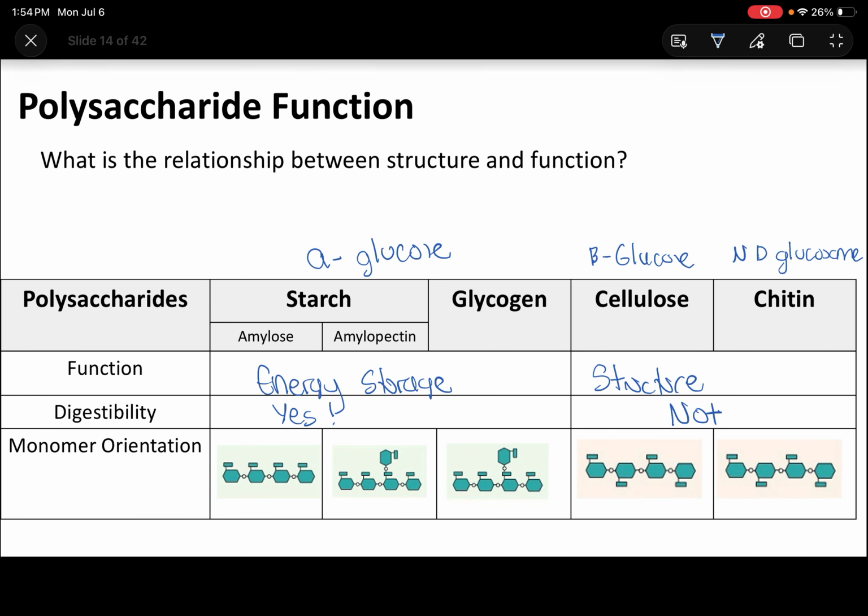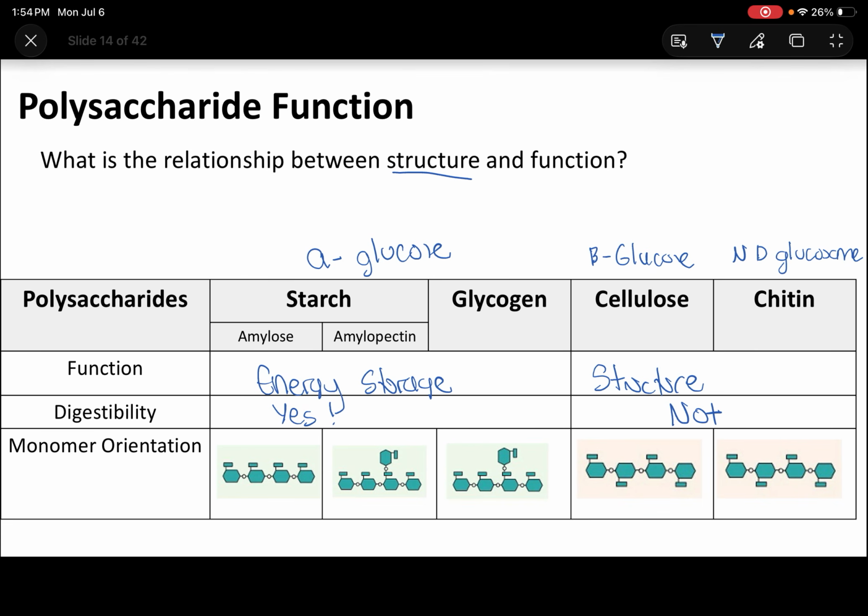So far we've talked a lot about how carbohydrates are really important in energy storage. They are also really important in structure, specifically what we see in plants and in the exoskeleton of insects with cellulose and chitin. If we think about the structure of these, we talked about how starch and glycogen are highly branched. They are made up of alpha glucose. They are digestible.